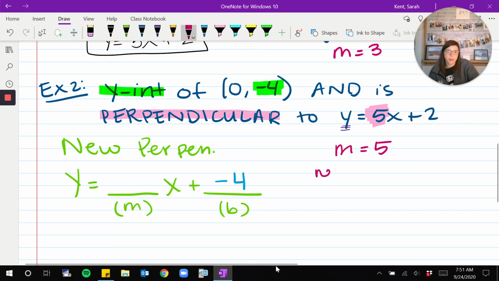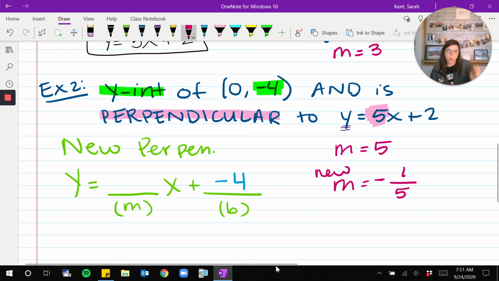For my new slope, I want it to be an opposite reciprocal. Opposite means this 5 is positive, so my new slope will be negative. Reciprocal means I'm going to take the 5 and flip the fraction. If I have a whole number for the slope, when I flip that fraction, I put the 5 on bottom, and then I just put a 1 on top.